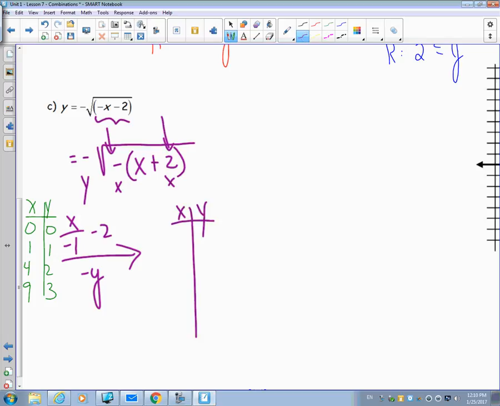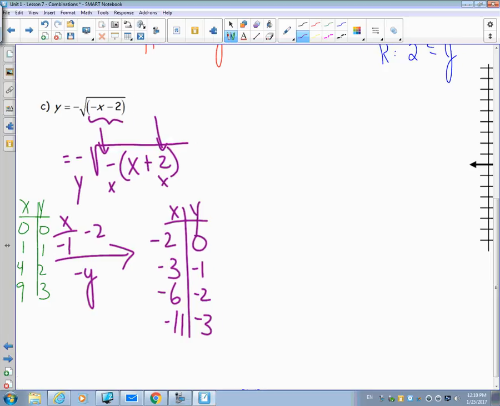All right, divide by -1 and then subtract 2. Okay, and the y is going to multiply by -1. Okay, our domain and range. What happens when I divide by -1 and then subtract 2?